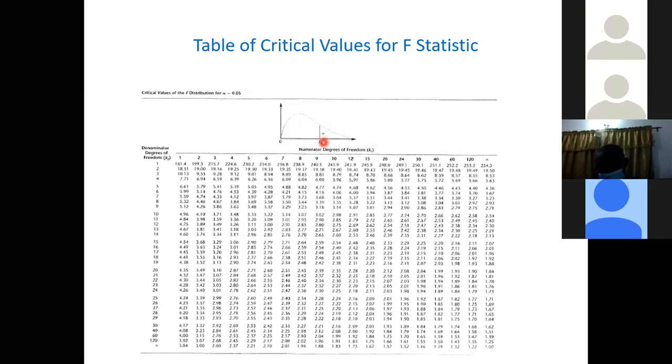As it's coming now, it has entered this zone. So if your calculated value is above the critical value, your P will be less than 0.05. It has entered the significant zone.